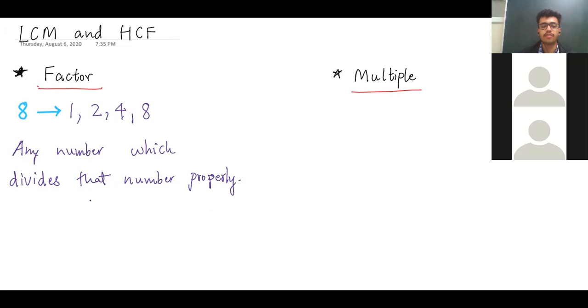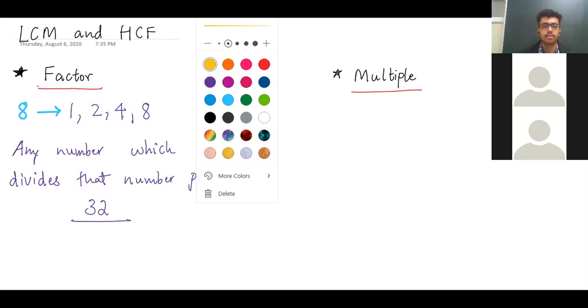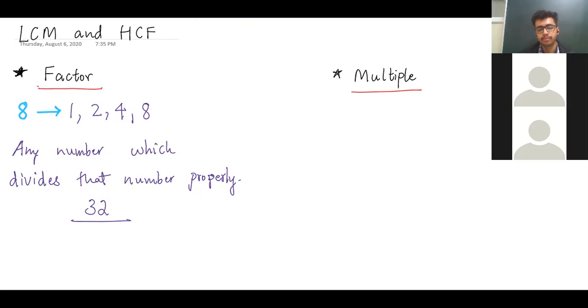For example, if you want to find the factors of 32, what will you do? Prime factorization?